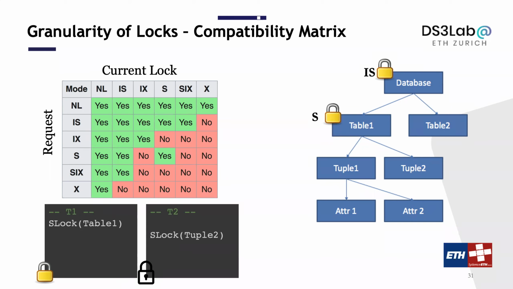Then T2 says, I want an intention share lock on the database, and it gets it. Then I want an intention share lock on table 1. In this case, also fine, because a share lock is compatible with an intention share lock, for obvious reasons. Then it goes down one level to say, now give me the share lock on tuple 2. The database is going to be fine with that.